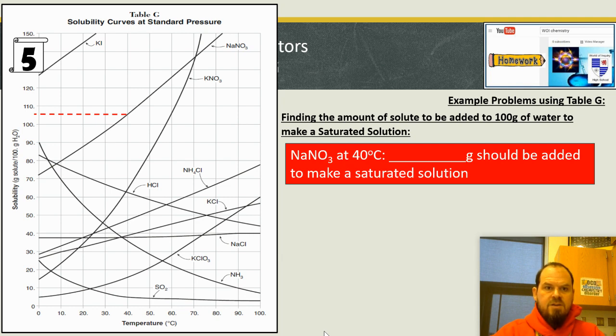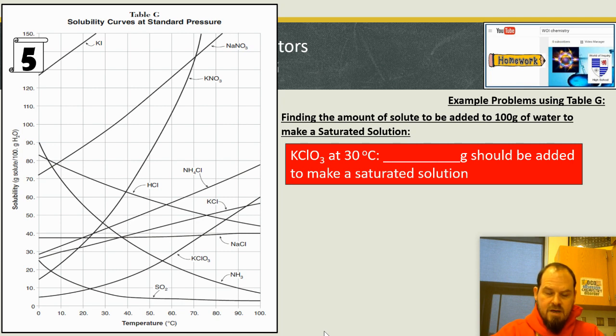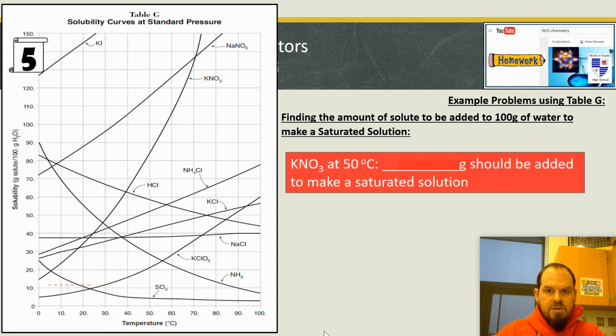So straight up, I need 106 grams. That's the answer. KClO3 at 30 degrees, how much do I need to add to make it a saturated solution? Well, you know a saturated solution is right on the line. So let's read it. I need to add 12 grams, right? To get it saturated.